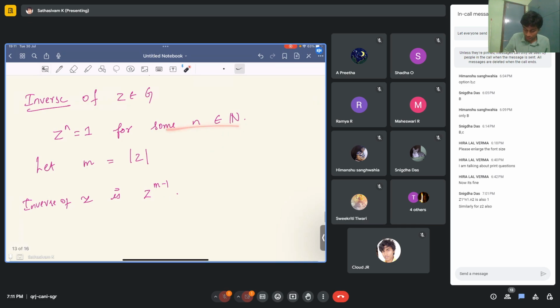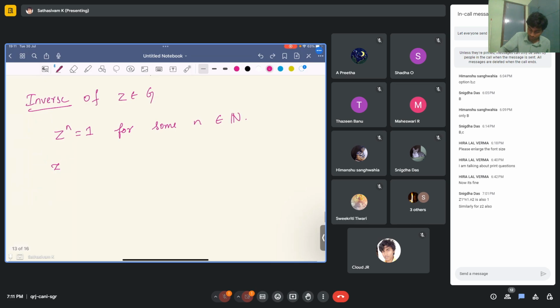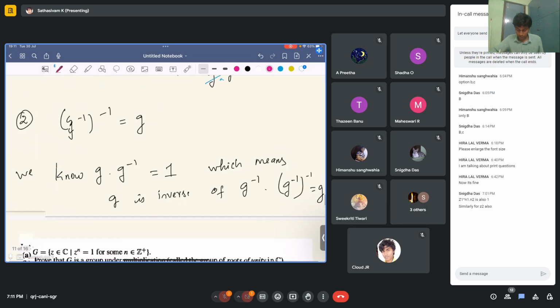For some n, say Z power n is 1, then you can always take Z power n minus 1 as the inverse. So you don't have to do it anyway. Probably I'll just cancel it out. Maybe I'll write it like this: Z inverse is basically Z power n minus 1. So we have just proved it here.